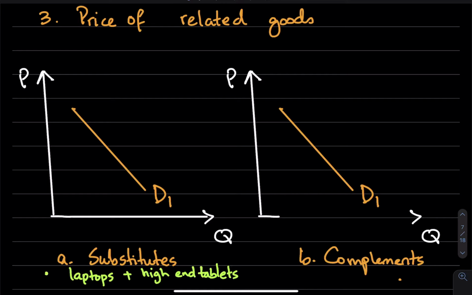They don't have to be perfect substitutes, but just substitutes where if there was a change in the price of one good, it would induce you to change your behavior in terms of quantity demanded of the other good. Okay, so let's think about laptops for a second.